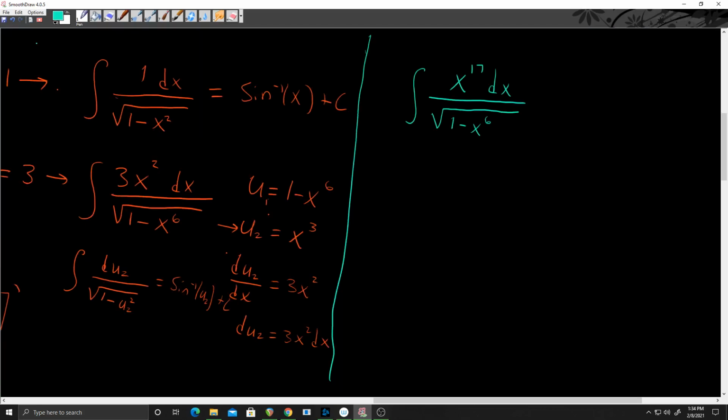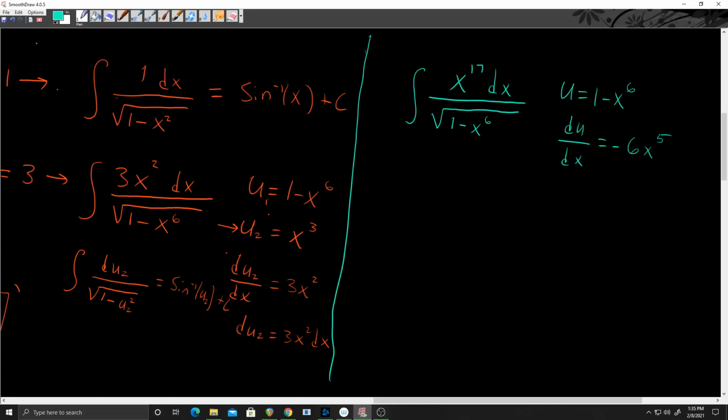So in this case, what we want to do is u equals the whole thing under the square root. Then du dx is going to be negative 6x to the 5. Well, that's still not 17, so we have to do some algebra.